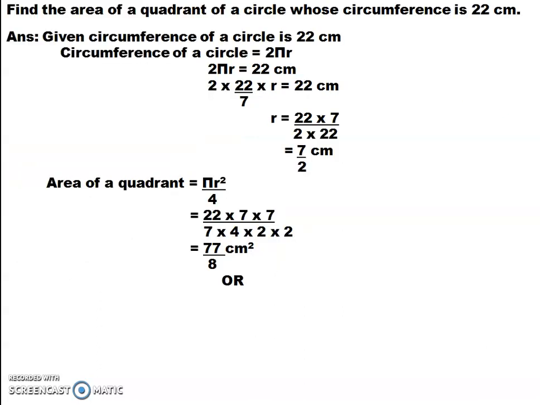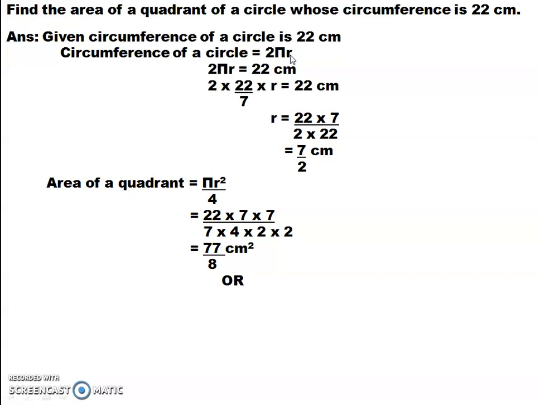Find the area of a quadrant of a circle whose circumference is 22 centimeter. So what is given in your question? You are given a circle whose circumference is 22 centimeter. Students, you know that the formula for circumference of a circle is 2 pi r.